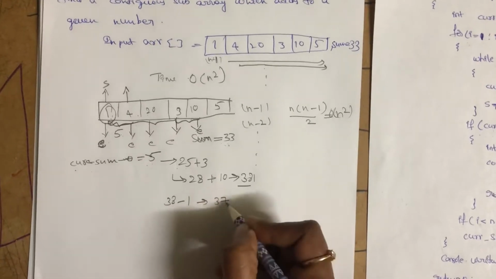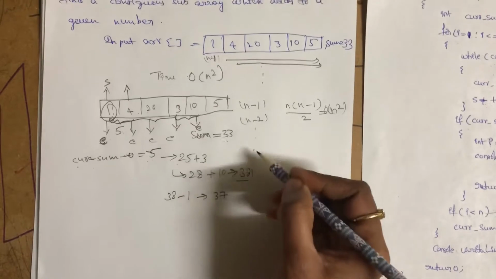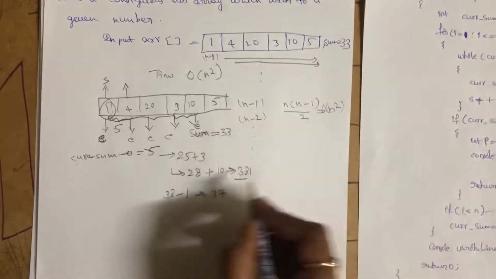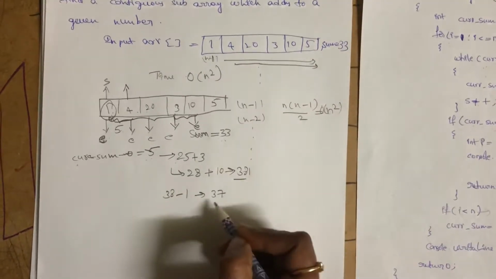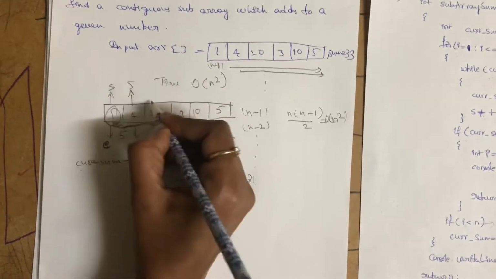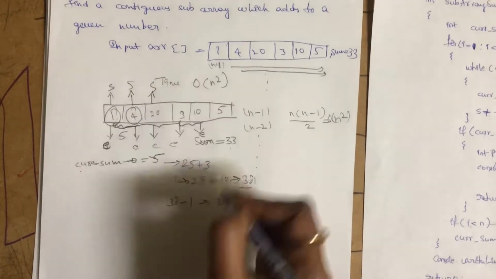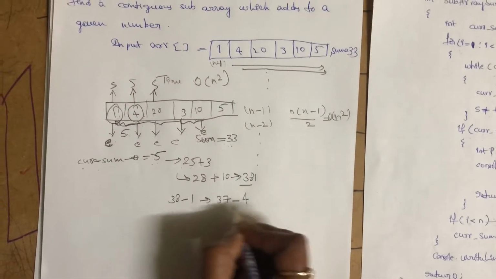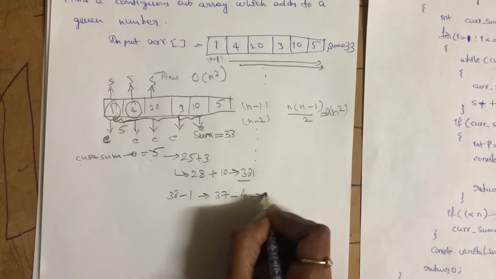I check the current sum with the given sum again. Now 37 is still greater than 33, not equal. Then I move the starting point again and deduct that element, and the current sum becomes 33.